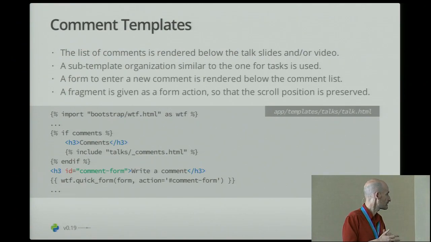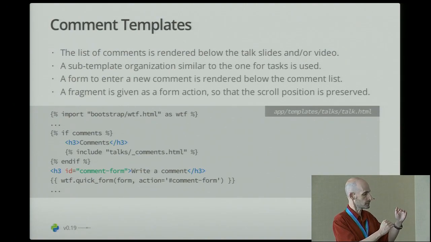So for the templates, I do kind of a similar thing to what I did with showing the talks with the sub-templates. I'm going to define a sub-template that renders a comment list, and that's called _comments. So at the bottom, I'm showing the talk header, then I'm showing the slides and the video, then I'm showing comments if there are comments.